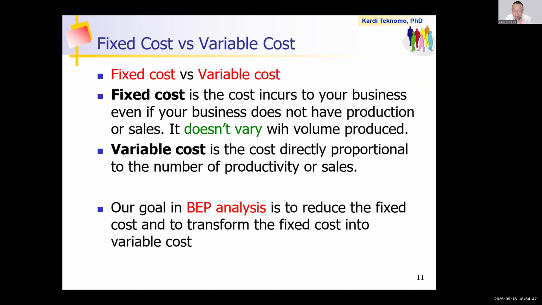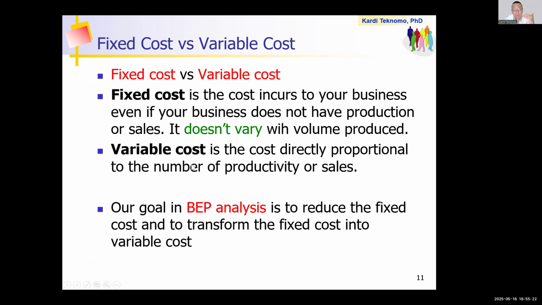This is the most important assumption in BEP analysis, that the cost can be divided into two parts. One is called fixed cost, and the other one is called variable cost. So what is fixed cost? Fixed cost is the cost that is incurred in your business even if your business does not have any production or sales. That means fixed cost is the cost which does not vary with the volume.